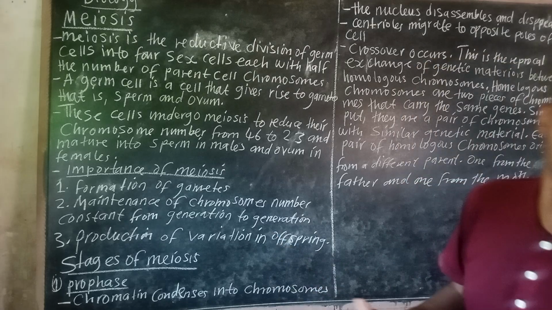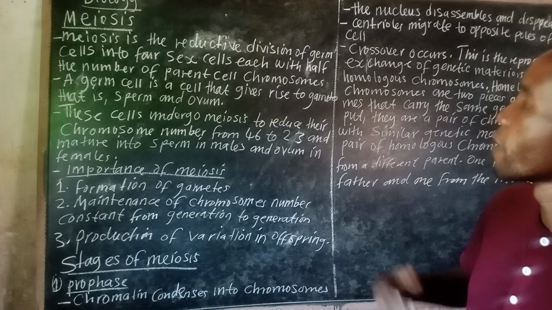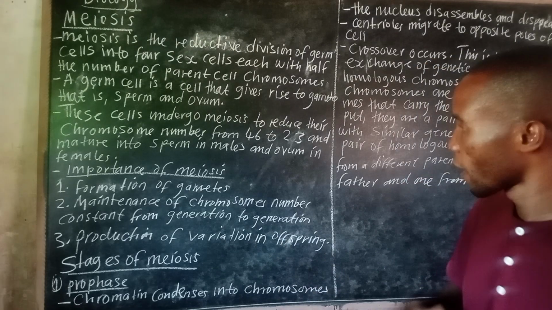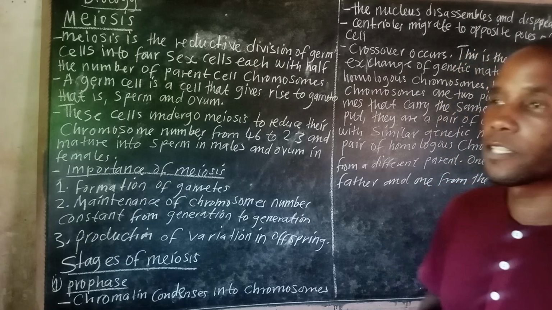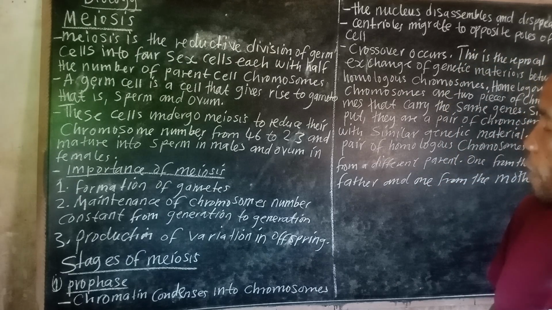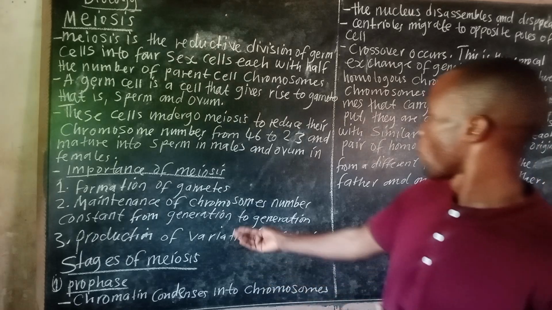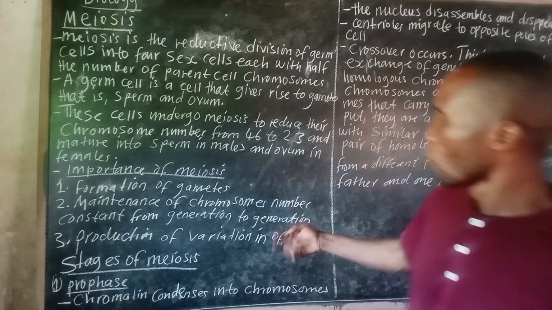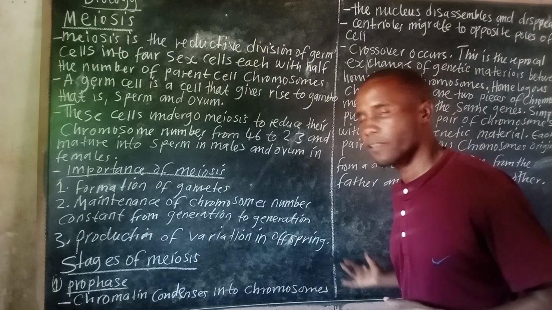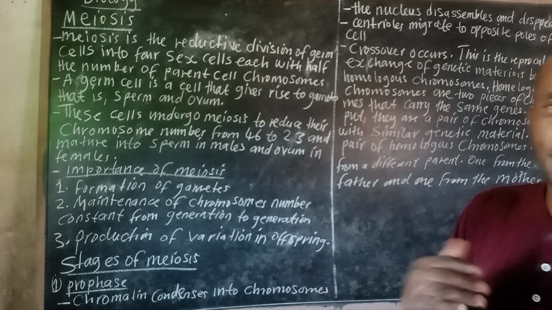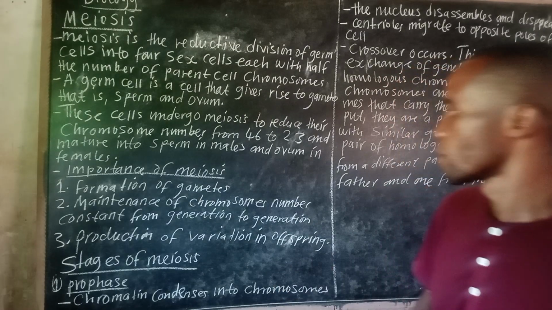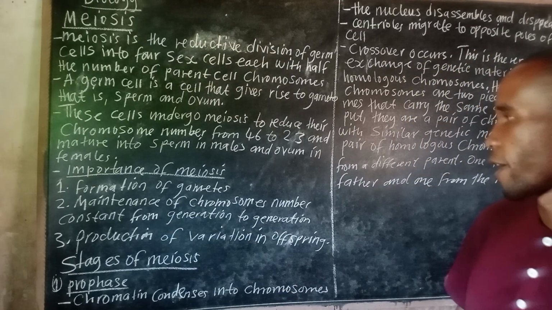So this type of cell division is very, very important to a human being, not only the human being, but as well as anything that breathes, including the plants. Two, maintenance of chromosome number constant from generation to generation. So it also helps to maintain the number of chromosomes from one generation to another.